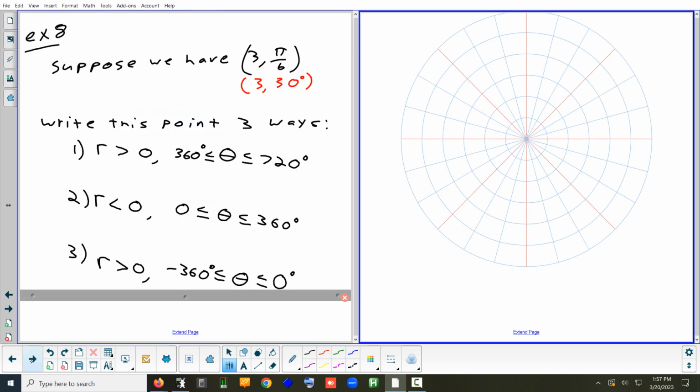So the easiest way I think to figure that out is to think about it visually. Point 330 is going to be right here. So looking at that graph, see if you can take a couple minutes and figure out 3 different ways to get to that same point.